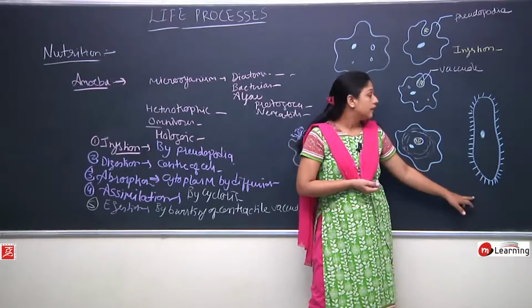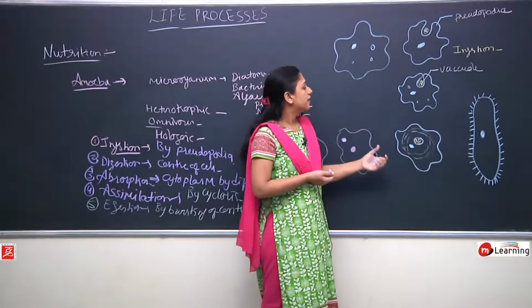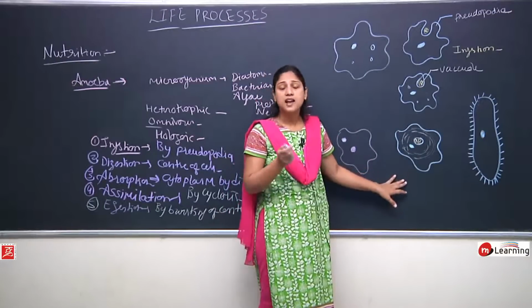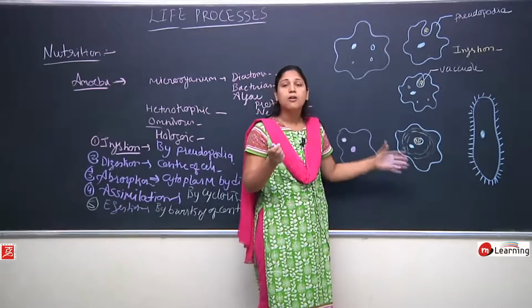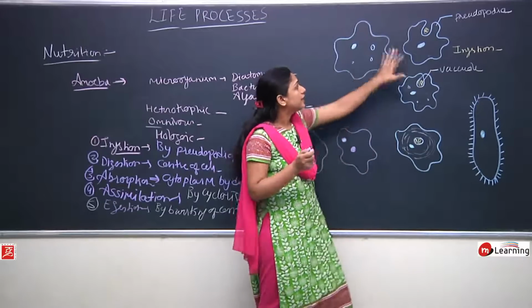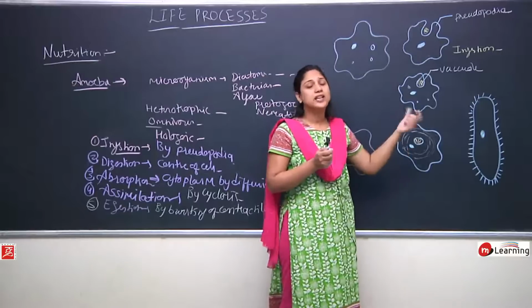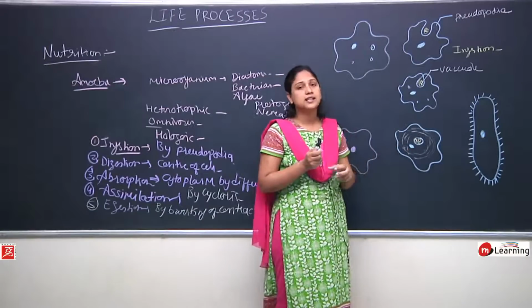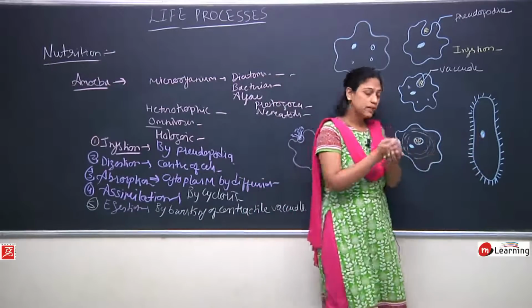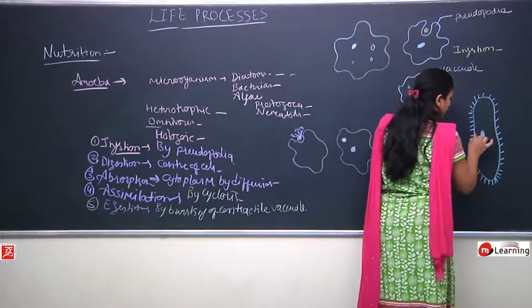We have seen that amoeba does not have any opening or mouth by which it can ingest the food, but it makes pseudopodia, and with the help of these it takes its nutrition. But paramecium has a pharynx or gullet in its body.